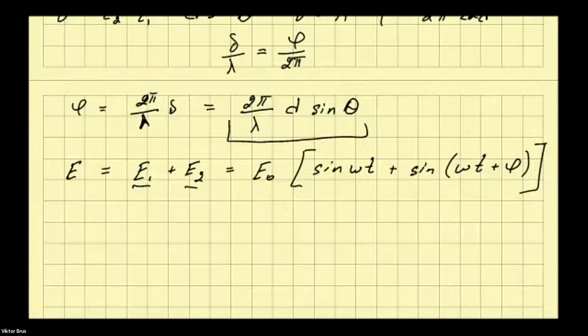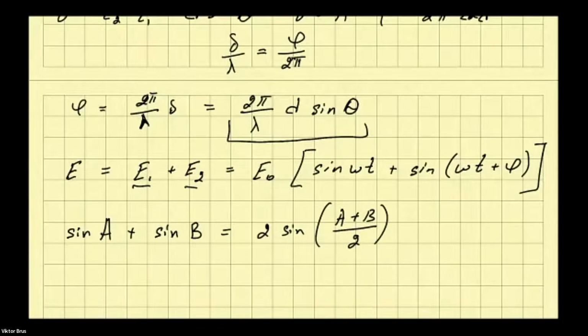Now, using the following trigonometric identity, which looks like this: sinus A plus sinus B can be represented as 2 sinus (A plus B) divided by 2 times cosinus (A minus B) divided by 2.